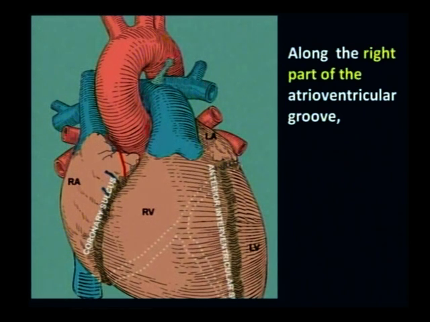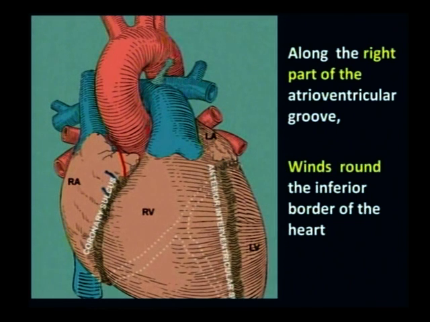Then it runs along the right part of the AV groove and winds round the inferior border of the heart. So, like this we saw the course of the right coronary artery. First it passes forwards and to the right between the pulmonary trunk and the right auricle. Then it descends downwards and to the right along the anterior part of the AV groove and winds around the inferior border of the heart.